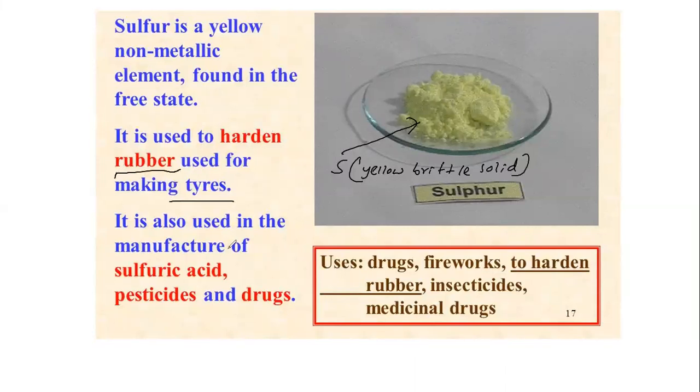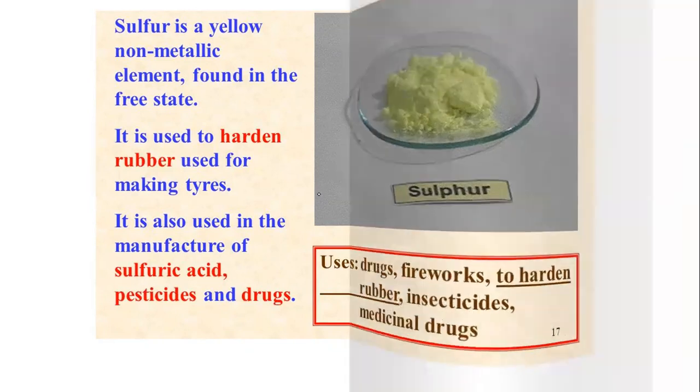For making tires, they use sulfur. Even to manufacture sulfuric acid, the battery acid, pesticides, and drugs, they also use sulfur. And even fireworks, and also medicines. I'll move to the next slide.